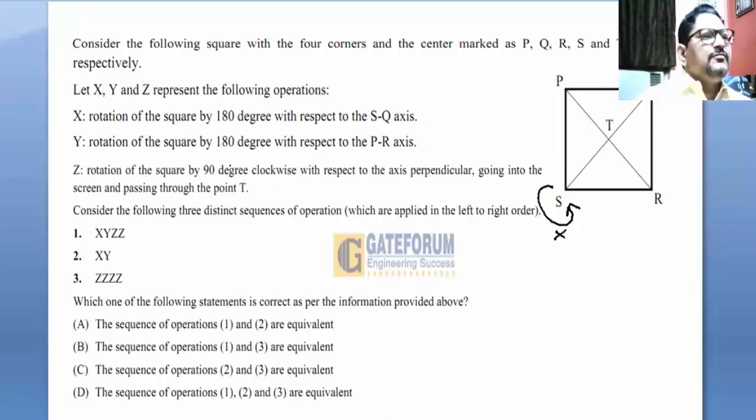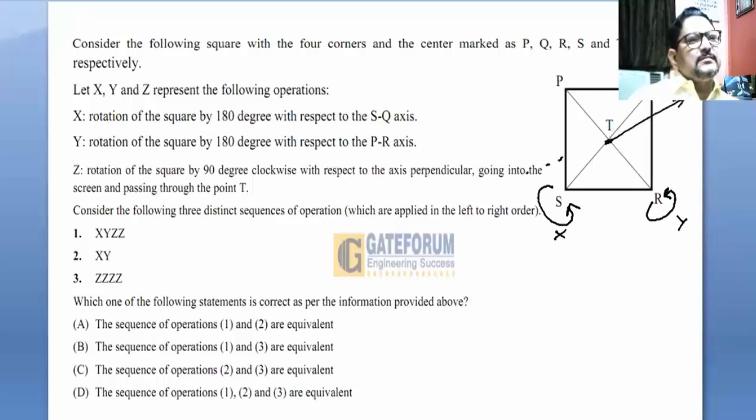Y is rotation of the square by 180 degrees with respect to the PR axis. So Y would be somewhat like this sort of a rotation. Explaining this in two dimensions is a bit difficult, but I hope you can understand. And let us see what Z is. Rotation of the square by 90 degrees clockwise with respect to the axis perpendicular, going through the screen and passing through the point P. Means through T there is a point passing, something like this.